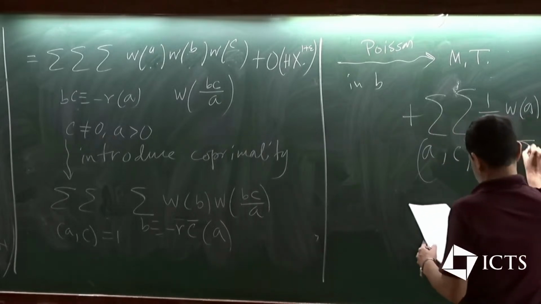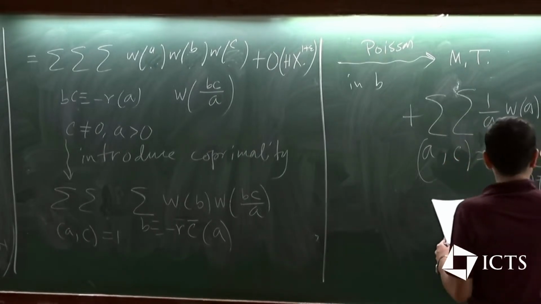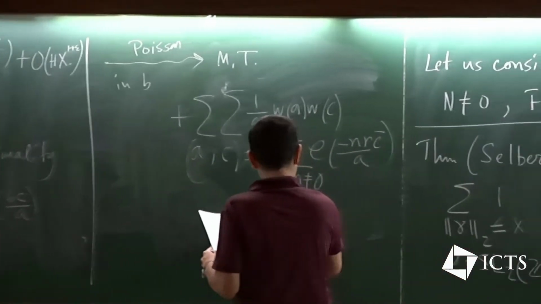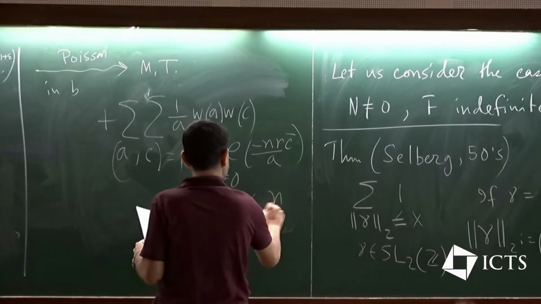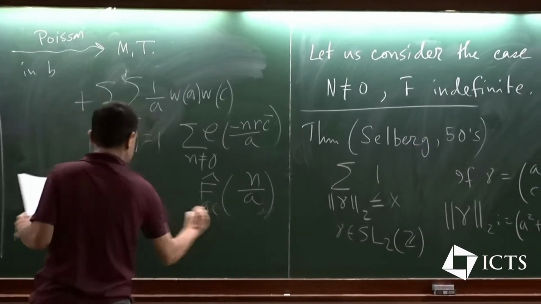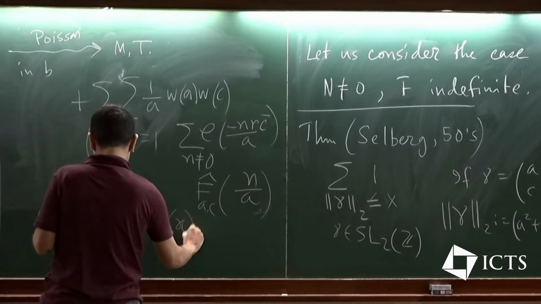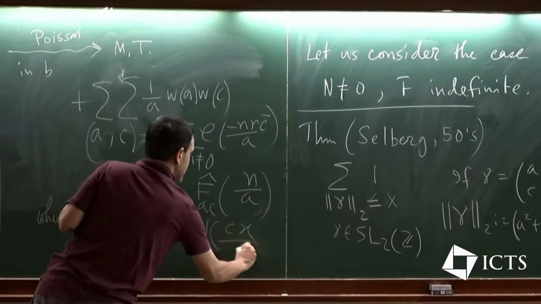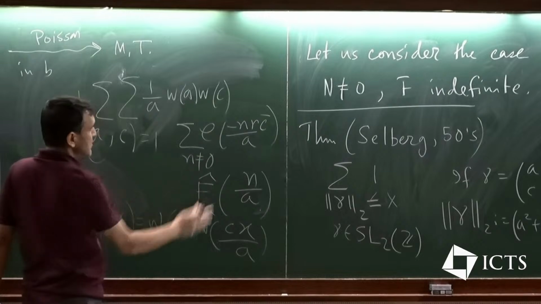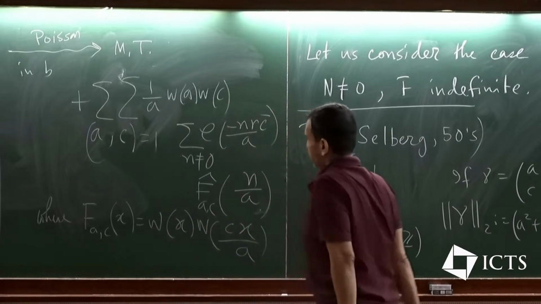And then sum over n not equal to 0, because the n equal to 0 term is the main term, e of minus n R C bar by A and f hat of n by A, where f_{A,C}(x) equals w(x) w(Cx by A). And now you can split the sum over C into arithmetic progressions modulo A and then apply Poisson again in C.